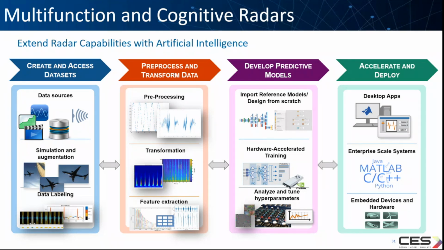For radar applications, you can create a data store using functions that are available within MATLAB. You can simulate and generate synthetic data, and you can also label your signals interactively using apps such as Signal Labeler.